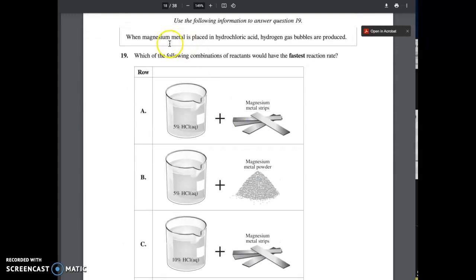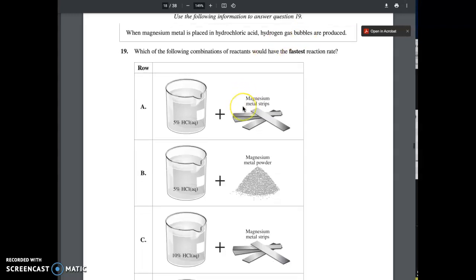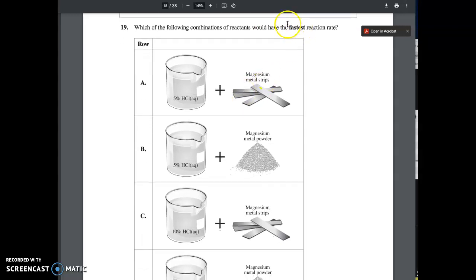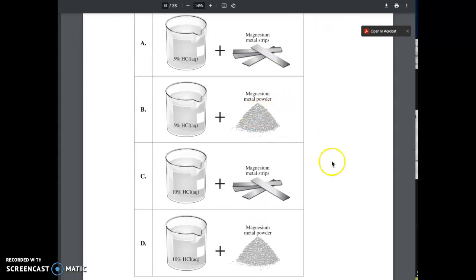So we put magnesium metal in hydrochloric acid, and we produce hydrogen gas bubbles, which we can capture with a balloon and light on fire, and it's very exciting. Okay, so which ones are going to react the fastest? Powders are going to react faster than a metal strip, so it's going to be this one or this one.